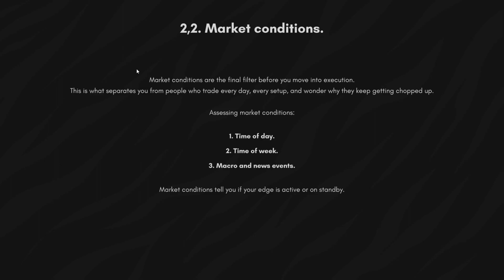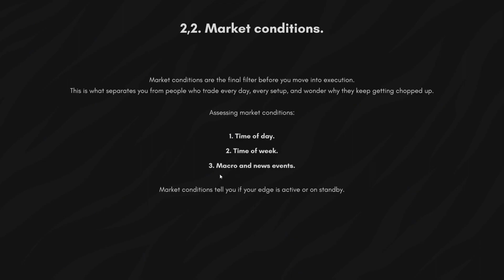But if the market has already capped its weekly range, it has already expanded enough, then you're going to avoid trading on Friday because there's going to be a TGIF profile or a Friday retracement profile. So if you had ignored the market conditions regarding the time of the week, you would have lost. So this is something you would want to avoid.